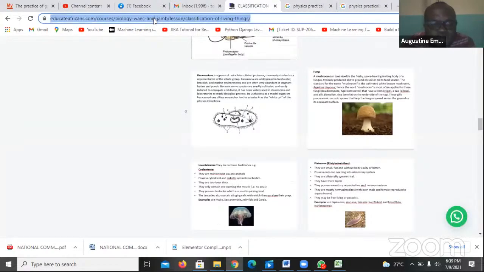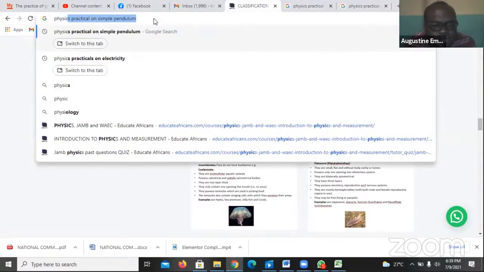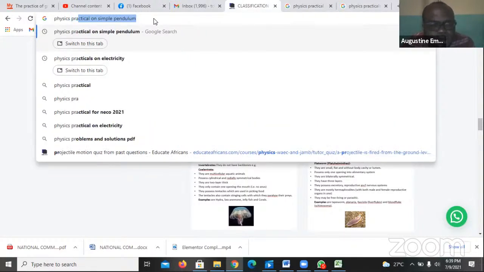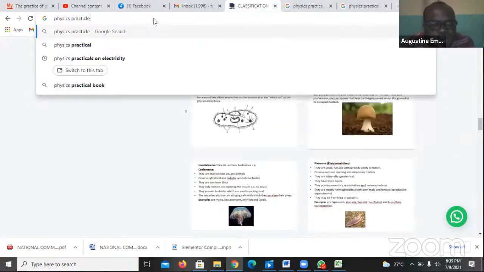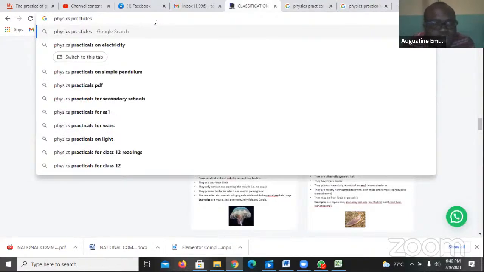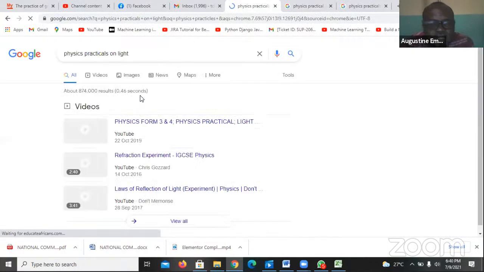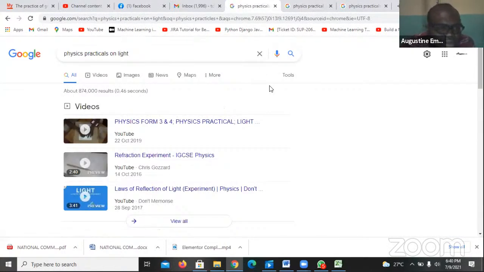Then I'm going to also type now physics practicals on light. Okay, those are the 3 most famous. Okay, so you can see this refraction, mostly refraction with prism. Okay, I think this is perfect.